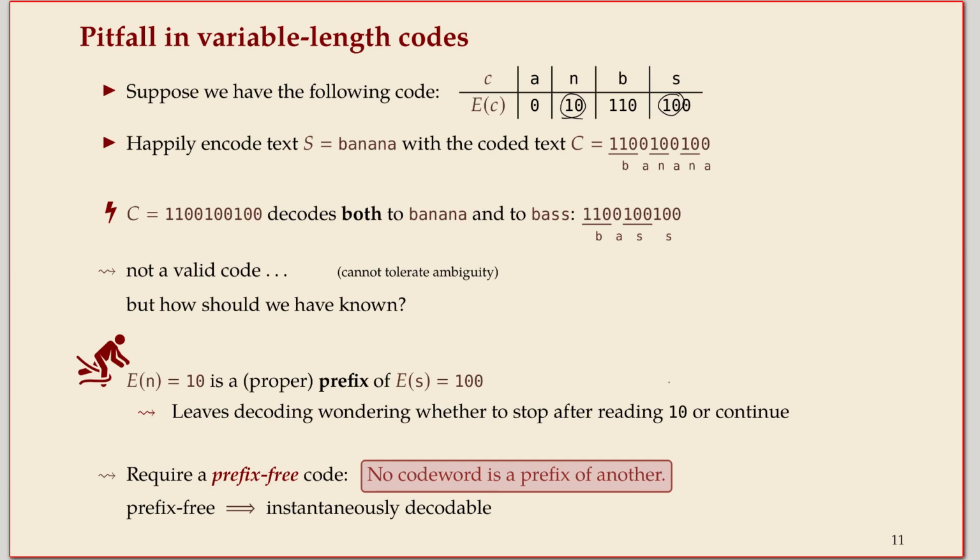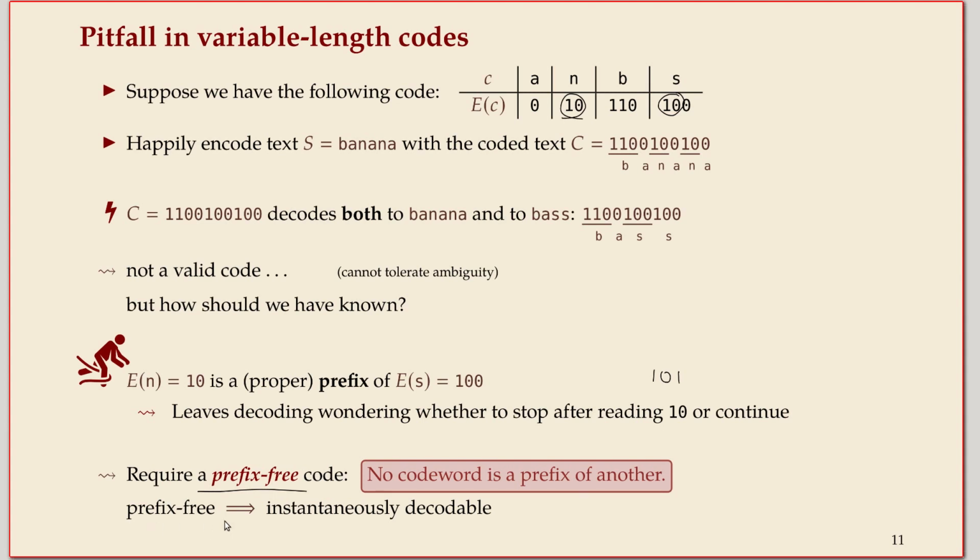Now, if you have the code 101, you might say, okay, I'm fine. I know this cannot be an s, but it's in general a bit hard to figure out what it is. So we don't like these kind of codes that have this property, so let's just forbid them. We will only look at prefix-free codes, which is exactly the negation of this. No code word is a prefix of another code word.